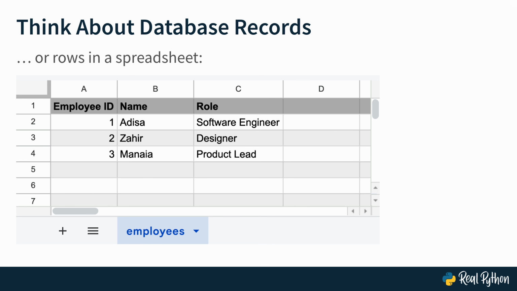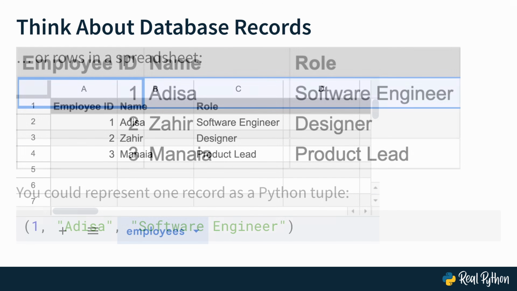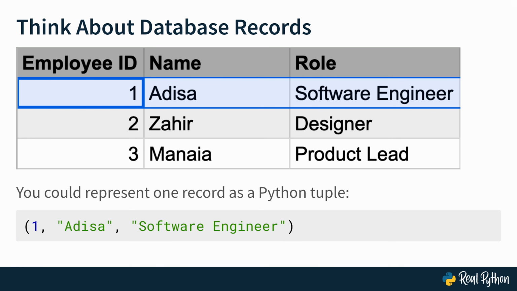You have some sort of idea of what a spreadsheet looks like, and that it consists of multiple columns and multiple rows. Here in this example, you'd see an employees sheet that has 3 columns, employee ID, name, and role. And then it has 3 rows that each contain data. You could think of a Python tuple as one row in this spreadsheet or one record in the database, right?